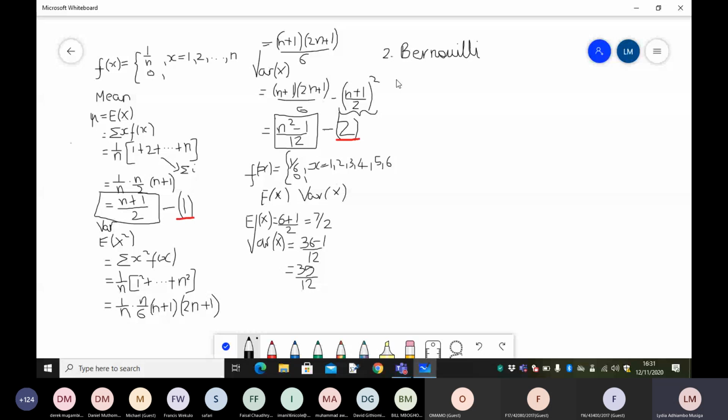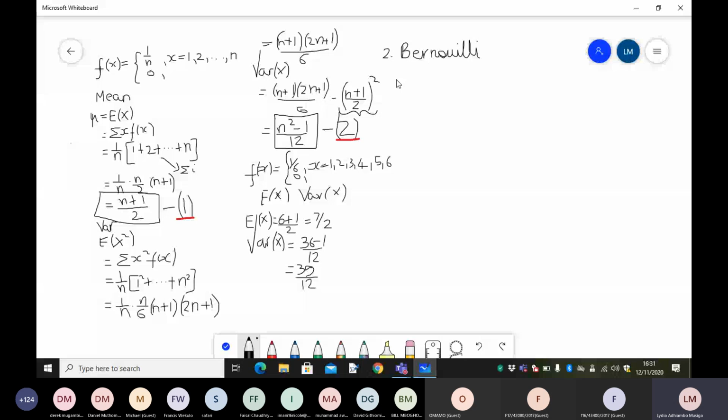So we can say Bernoulli trials result in 2 mutually exclusive outcomes.